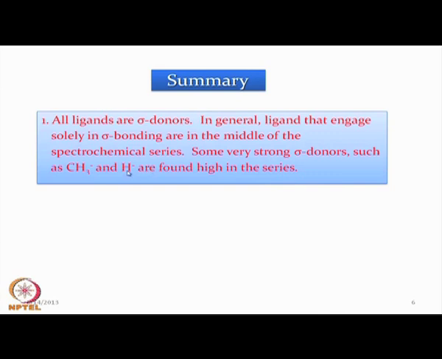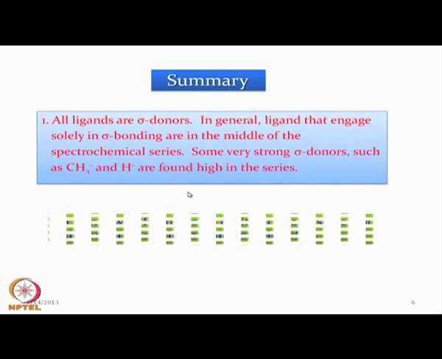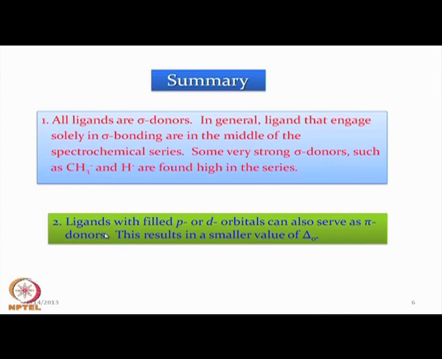They only show sigma interaction, but their sigma bonding interactions are strong compared to other sigma donor ligands. And then in the second category, the ligands with filled p and d orbitals can also serve as pi donors. These are all sigma donors. If we have p and d orbitals on the ligand side which are filled, they can serve as pi donors, and they result in a smaller value of delta octahedral.